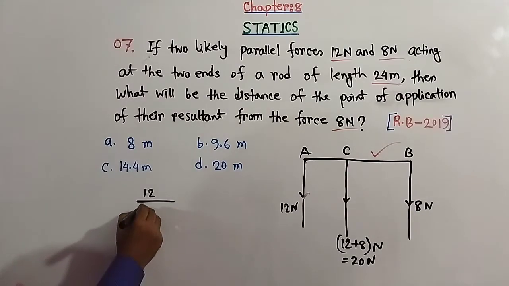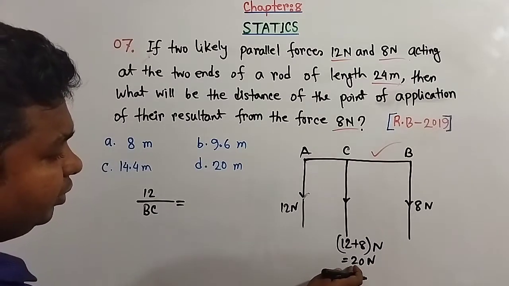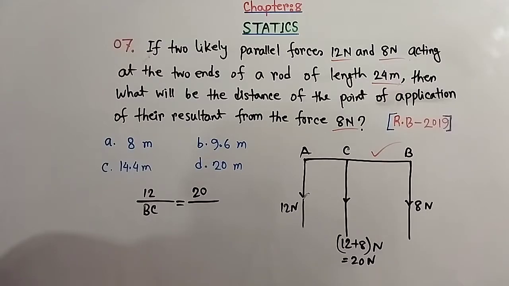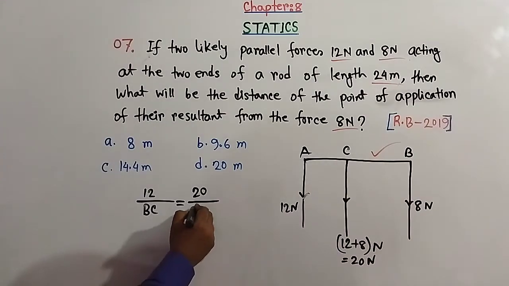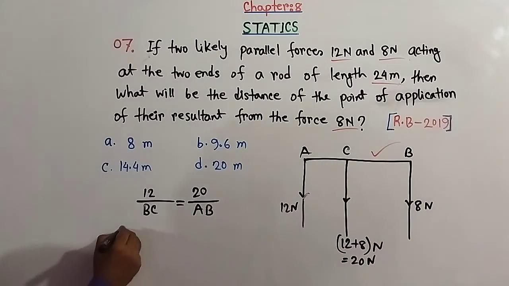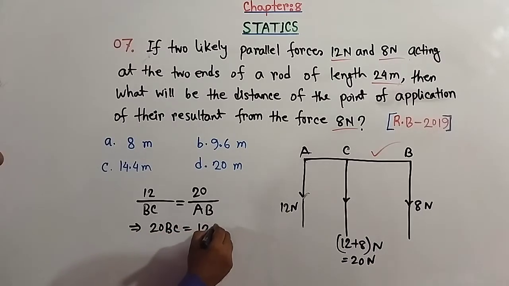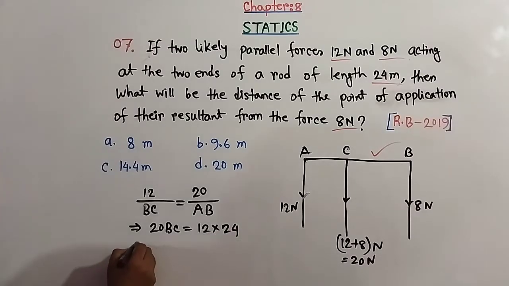Now from the figure we can write the force 12 Newton divided by the distance of the resultant force point from the 8 Newton force point, so BC, equal to the resultant force 20 Newton divided by the distance between the two points A and B, so AB. Now 20 BC equal to 12 into AB, the value of AB equal to 24.